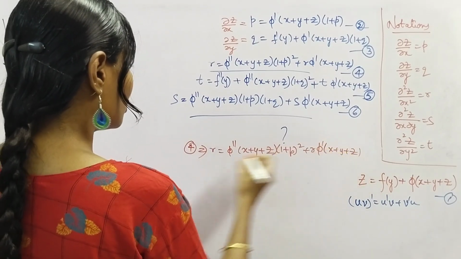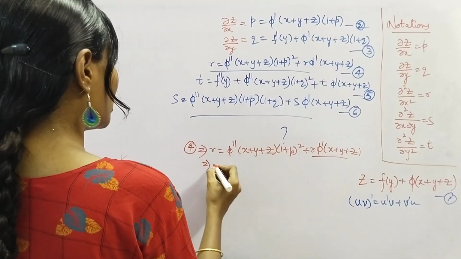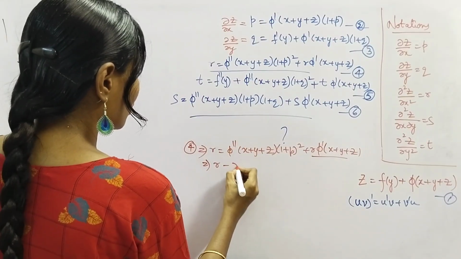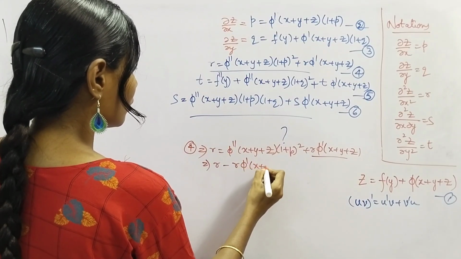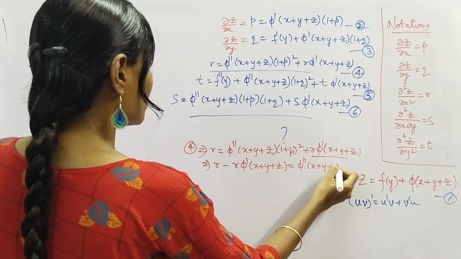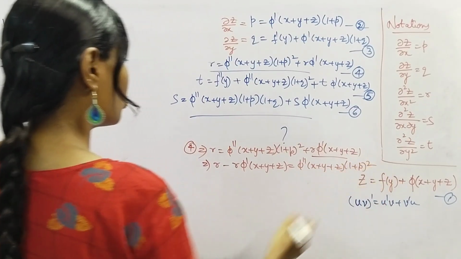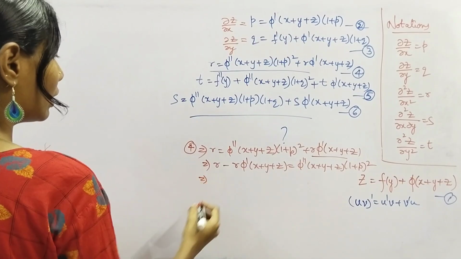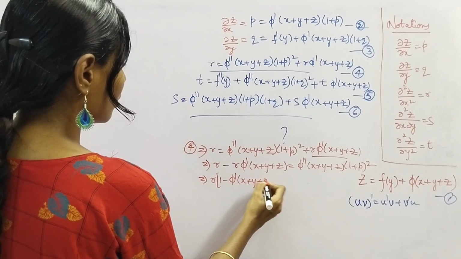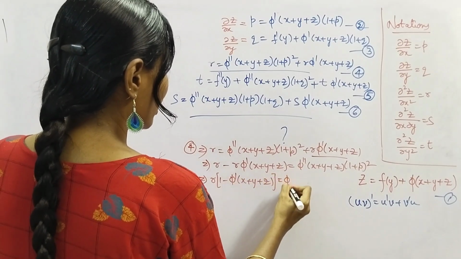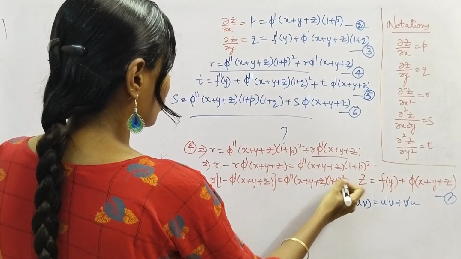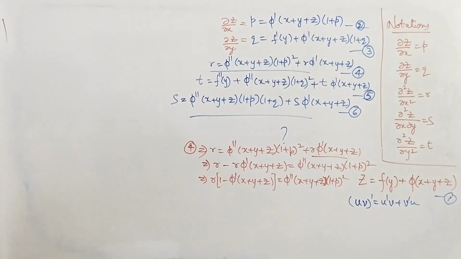Bring this term to LHS, you'll get r times, let me write one more step, there's nothing wrong in it, equal to phi double dash of x plus y plus z into 1 plus p whole square. If you take r common, you'll get r times 1 minus phi dash of x plus y plus z equal to phi double dash into 1 plus p whole square. Let it be.